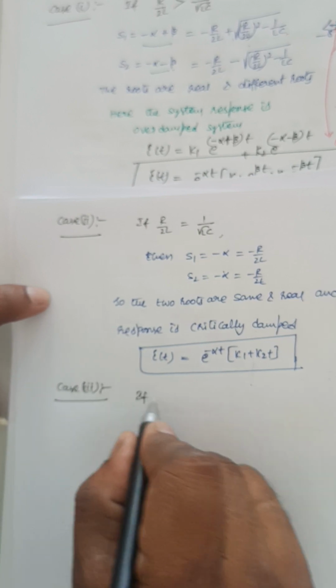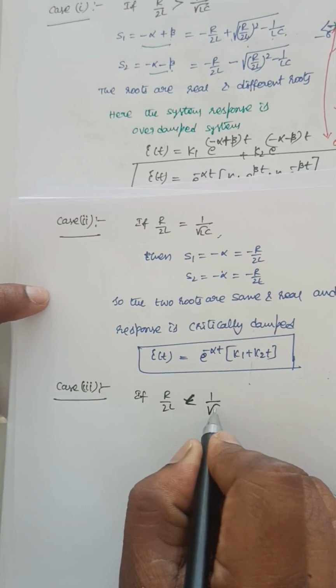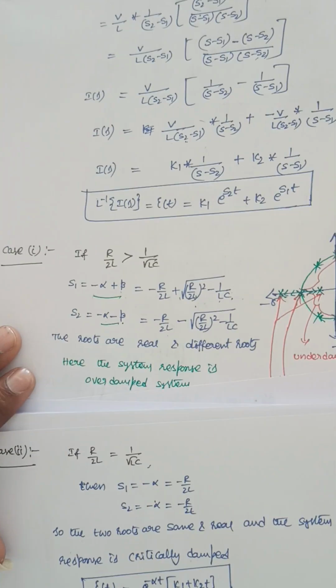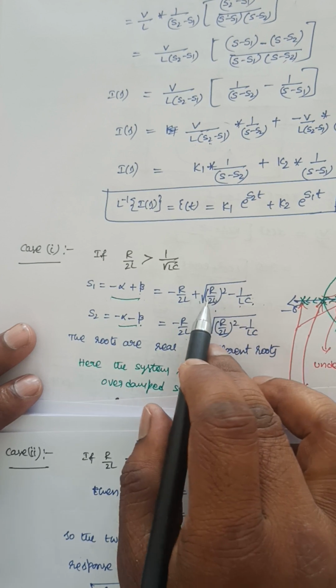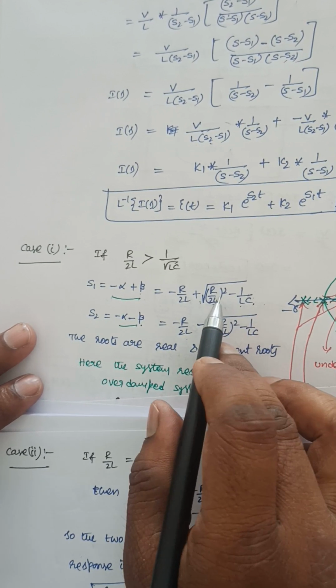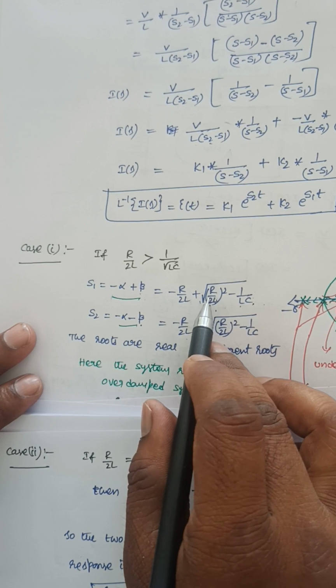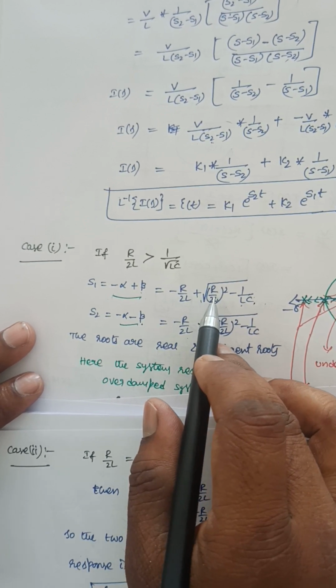If R by 2L is less than 1 by root LC, that means the value inside the square root will be negative. So I will take this negative sign out of the root by introducing the complex number.